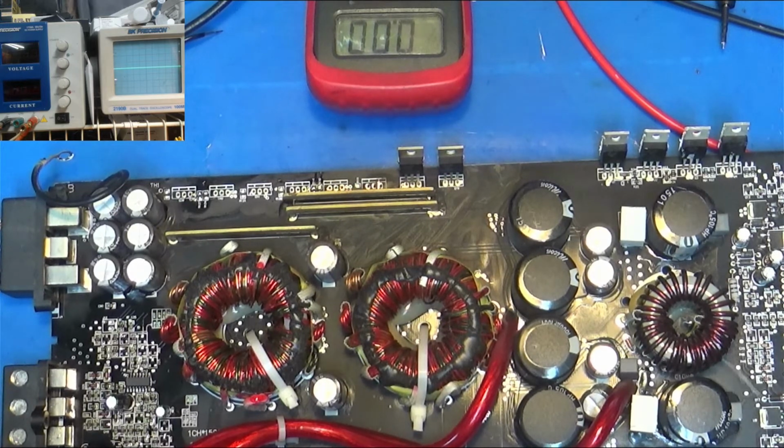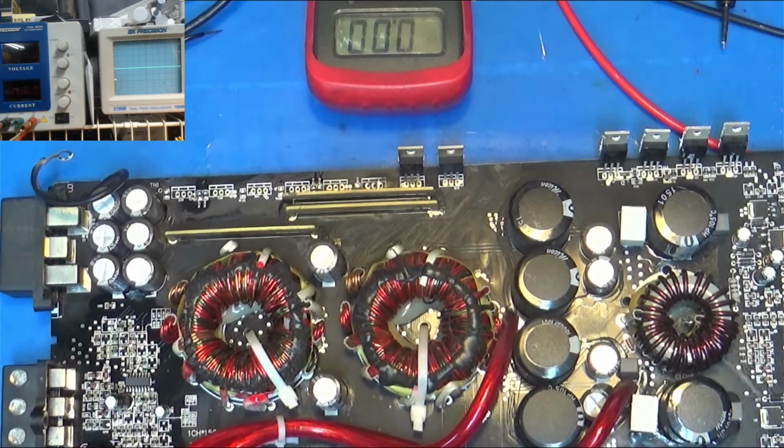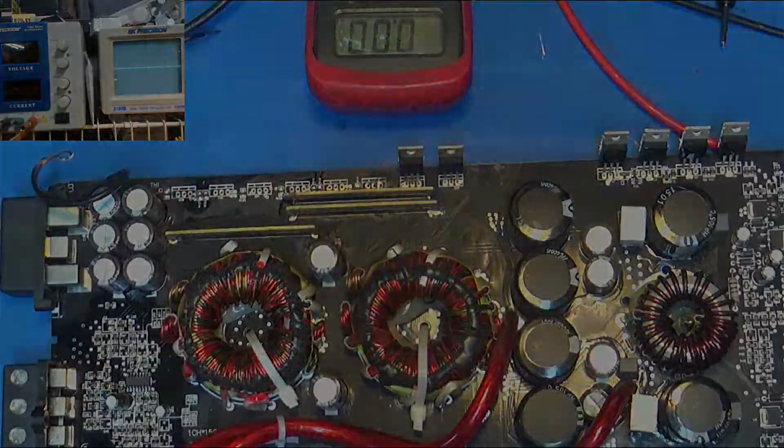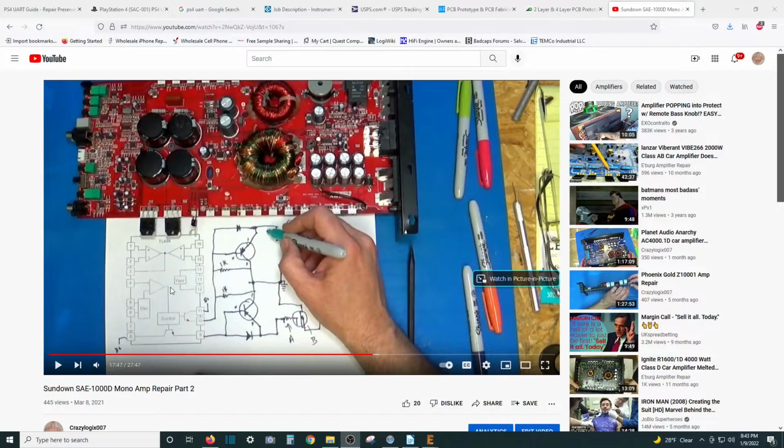Yeah, it was. So let me switch over here to the left side. So this is the video, the Sundown SAE 1000 mono amp repair part 2. I don't know if I've published the finish for this. I think I got everything up and running. I don't think that amp's around here anymore. I'm still a little under the weather, but this is the video.